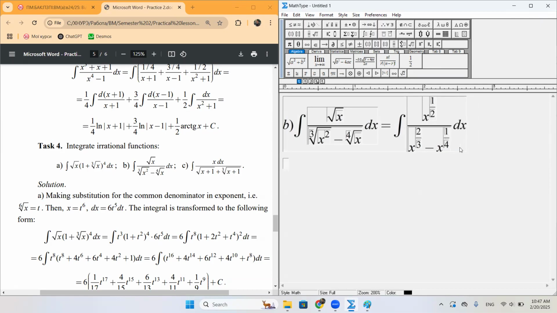What is the least degree here? We need to find the common denominator. The least common denominator for all these fractions is 12. So t equals x in power of 1 over 12.